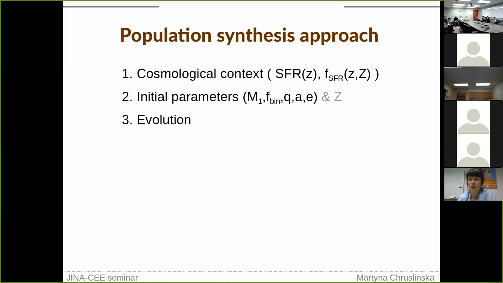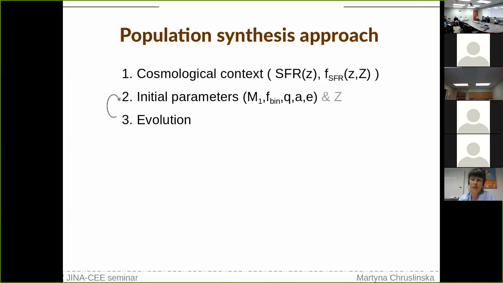When we have our binary, then we need to follow the evolution of stars and their interaction up to the point where either the binary is destroyed or it forms two neutron stars. And then its evolution is determined by gravitational wave emission.